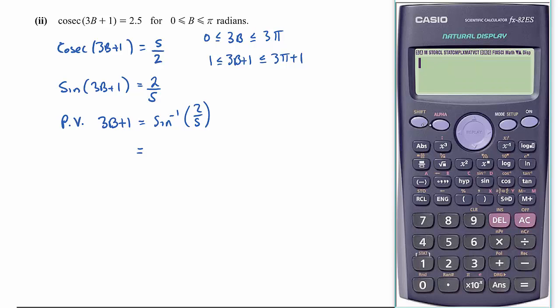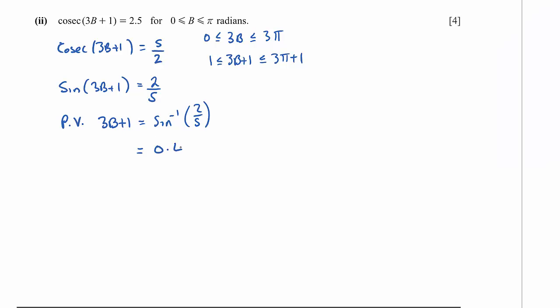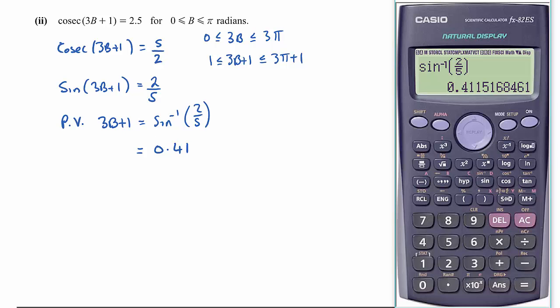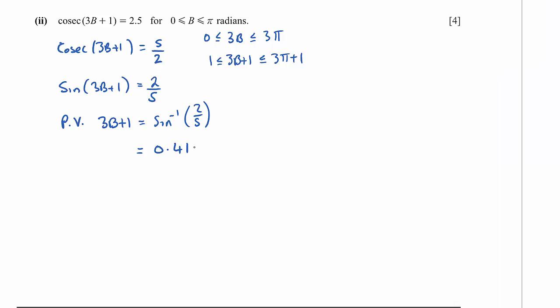And then we have the inverse sine of 2/5. And that's 0.412. Actually, I might just go a little bit further. 0.4115. Okay.